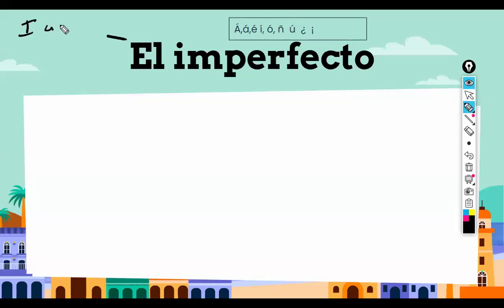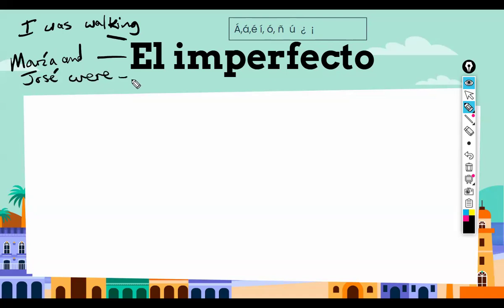So I was walking, Maria and Jose were eating, right? So the actions were going on for a while. So el imperfecto, the imperfect.